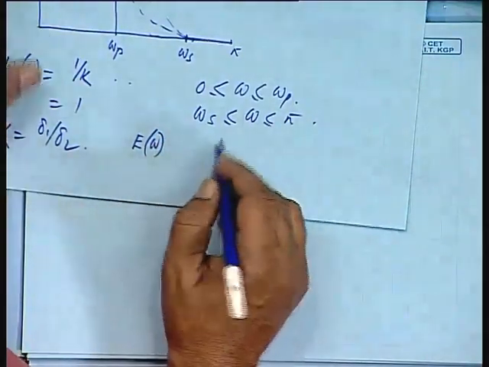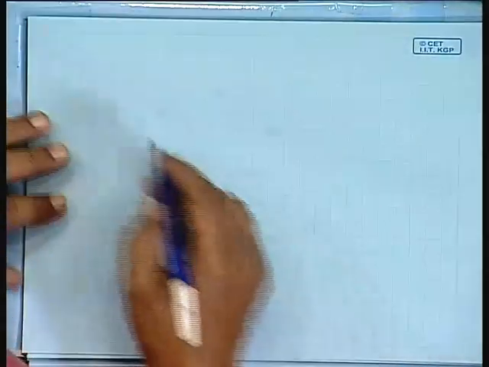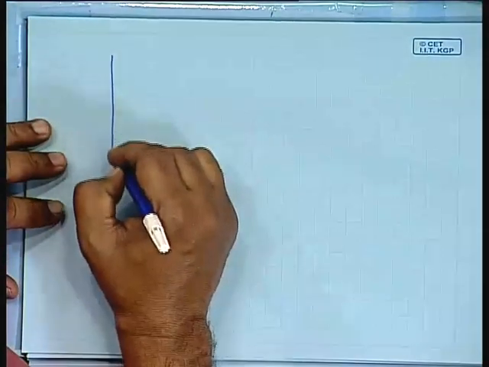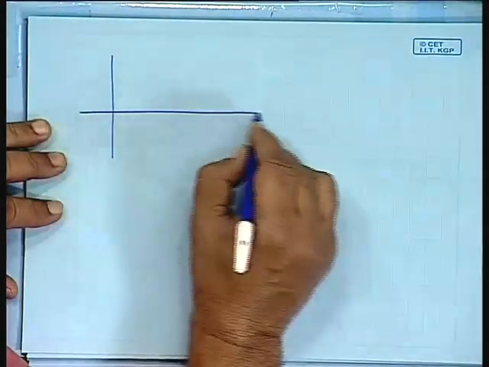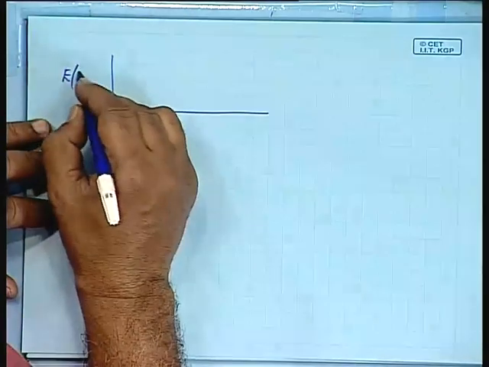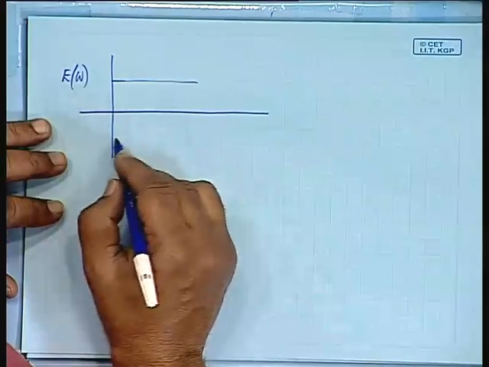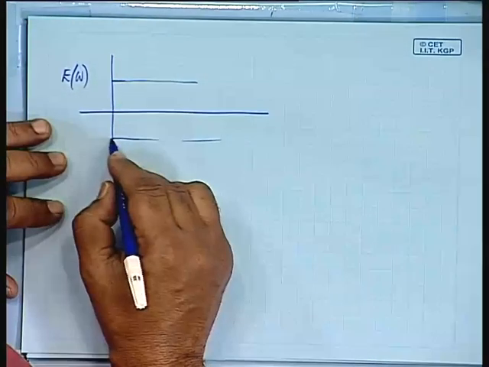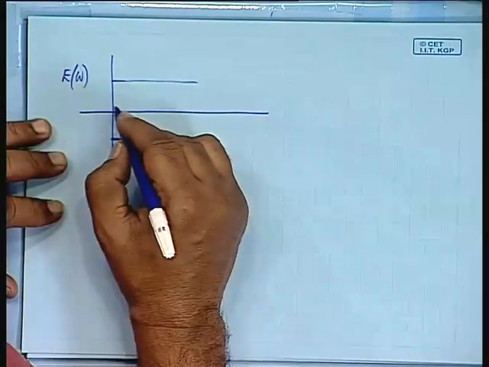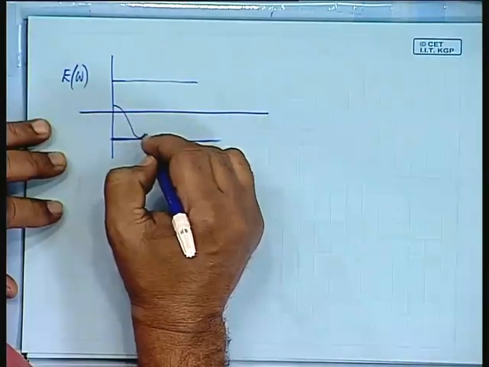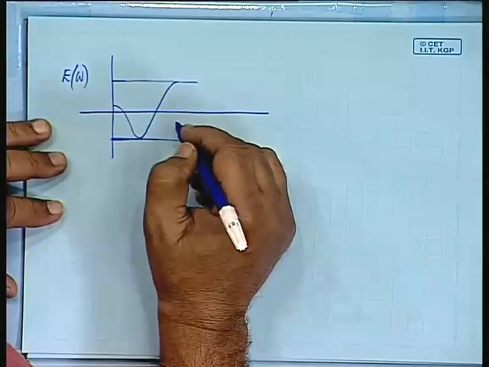will look like this. I will plot it here. The error function may be like this.